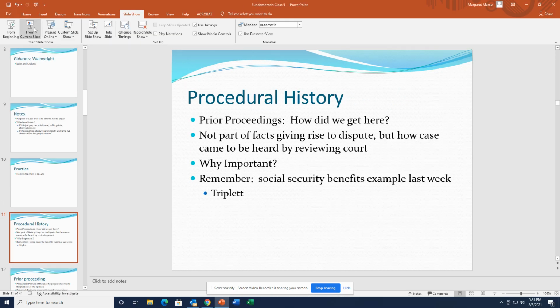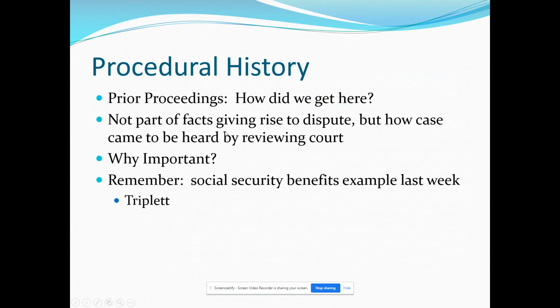All right, so back to, I think we're on the Statsky section, but remember the procedural history, the prior proceedings. How do we get here? And in Gideon versus Wainwright, our legal issue arises from the procedural history, and actually, so in Peterson too, right?